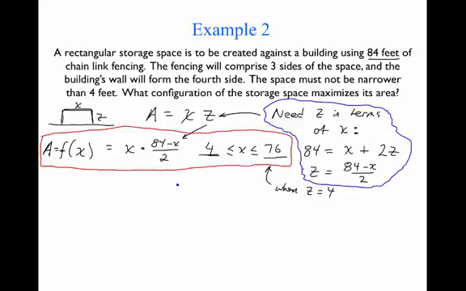Okay, now what? We want to maximize the area. Critical values and endpoints of the domain will be the possible candidates that would give us the maximum area. So I want you to do that. It might be easier on this function to start by multiplying it out. This is x times 42x here minus 1/2 x squared.